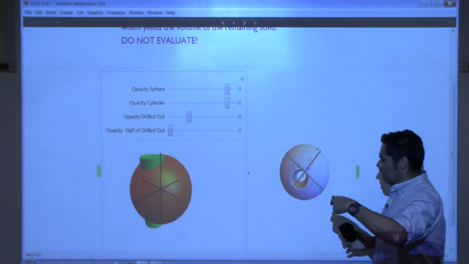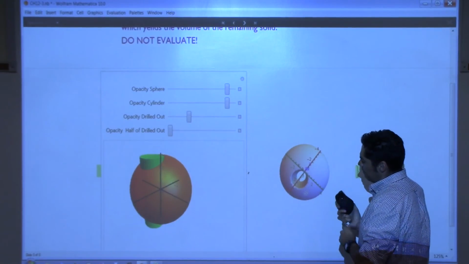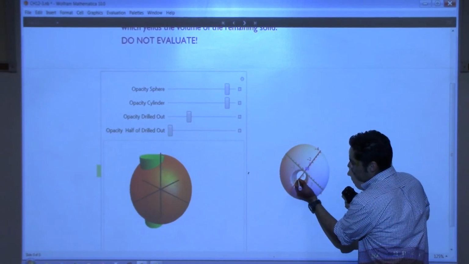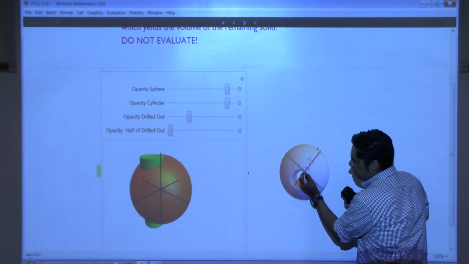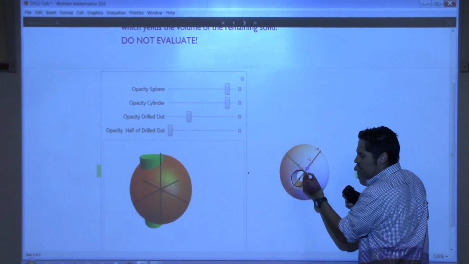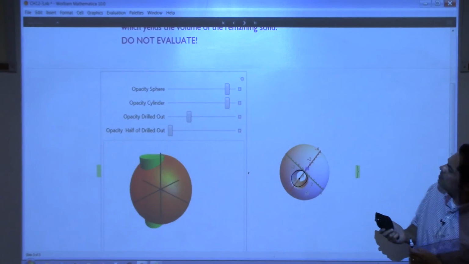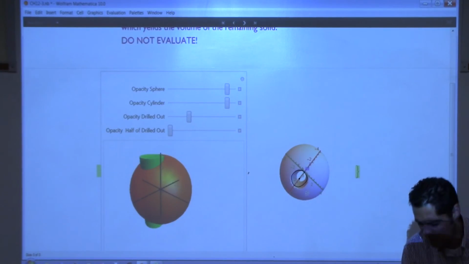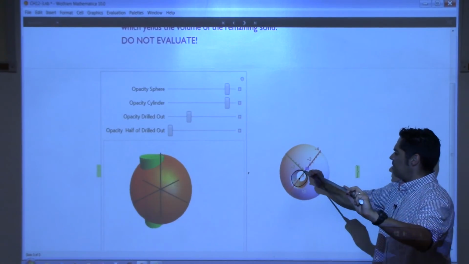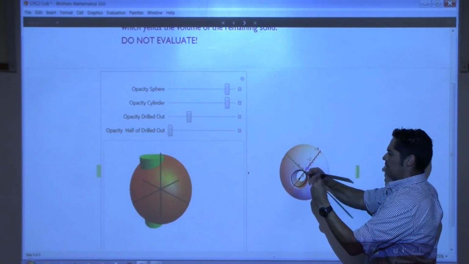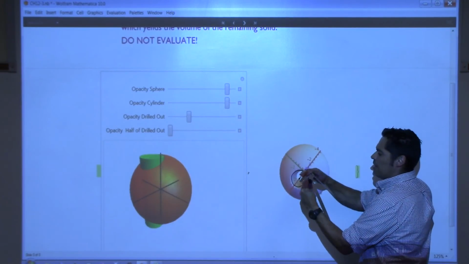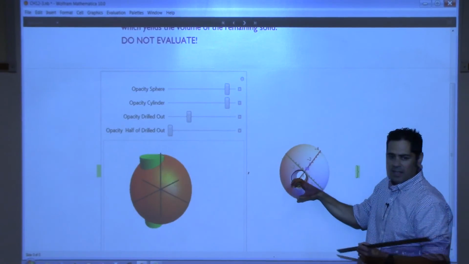My drill bit's coming in here. The center of the drill bit is here, and the drill bit always runs tangent to the z-axis. So here's my z-axis. My drill bit must always be touching that and going straight into the sphere, right? But it's offset. Do you see how it's offset?